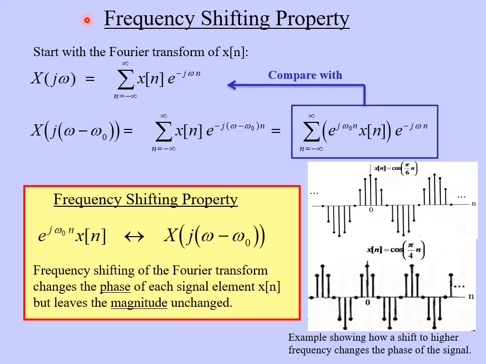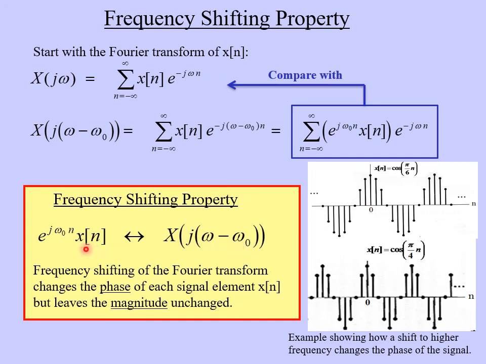Let's take a look now at the frequency shifting property. And again, this is very similar to what we did in chapter 4, so I'm not going to go through the details here of the derivation. But one thing we're going to find out here is, just like we did in chapter 4, there's sort of a duality here between time and frequency. So this time, what we're doing is we're shifting the frequency of the transform by some amount omega naught.